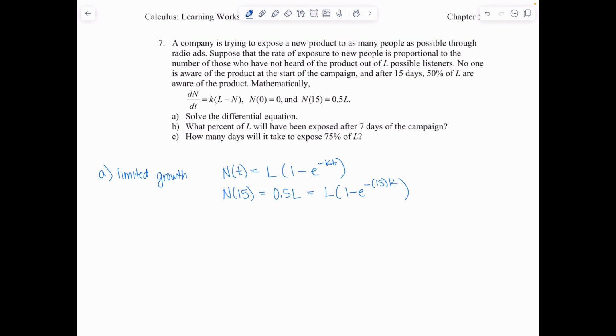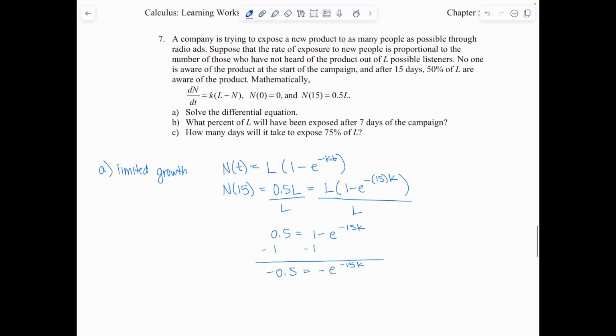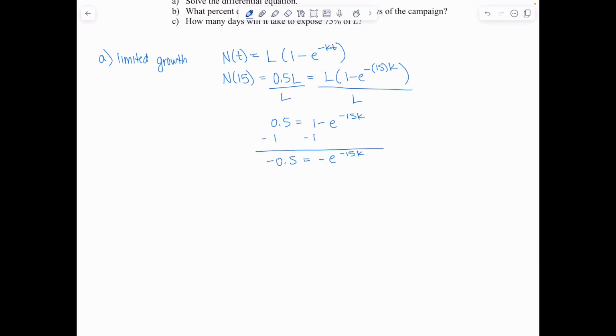So let's start by dividing by L. So we'll have 0.5 equals 1 minus e to the negative 15k. And then we can subtract 1. So we'll have negative 0.5 equals negative e to the negative 15k. And since both sides are negative, we can divide by a negative and make them both positive.